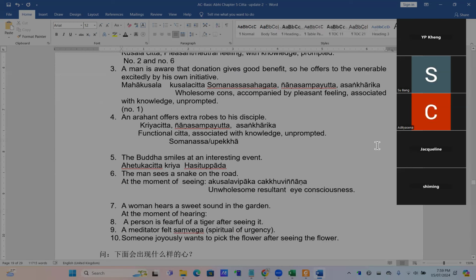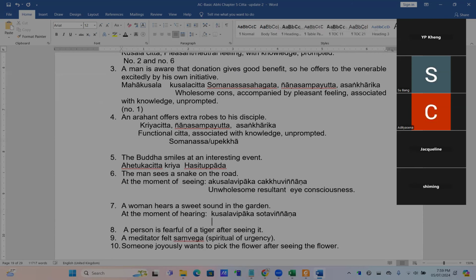Sota vijnana, so it will be kusala vipaka, because it's a sweet voice. So it must be wholesome resultant ear consciousness.